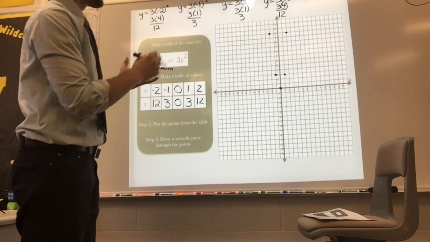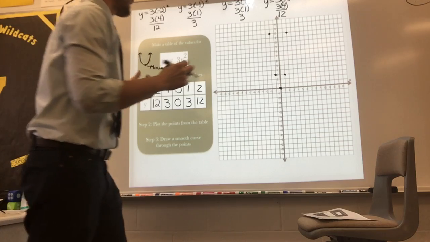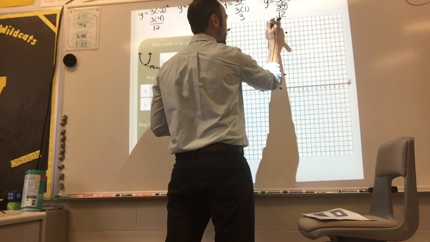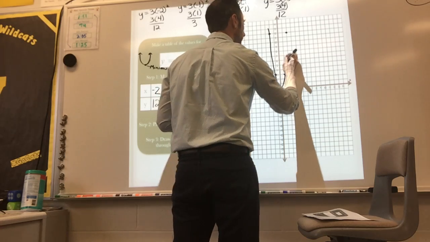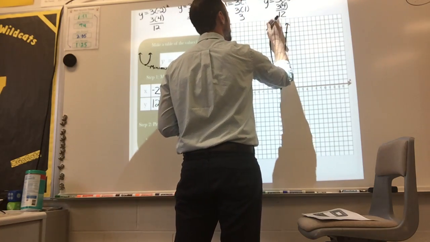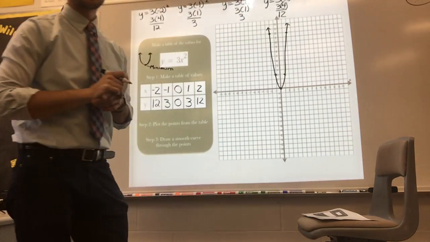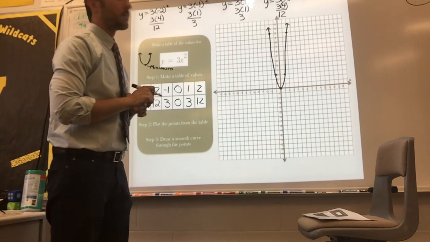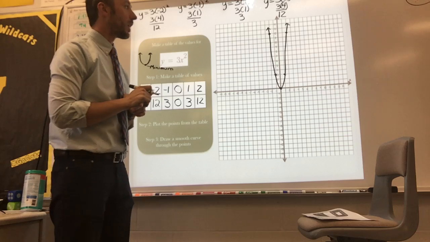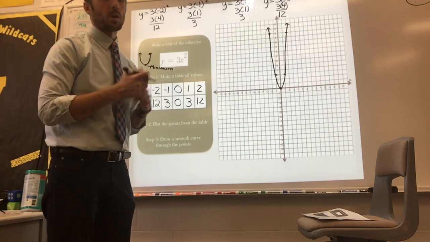When we draw this, we want to make it very smooth and make it curve down here. So I'm going to go through all my points and make a parabola, and you put arrows on the ends, and you just learned how to graph your very first quadratic function, your very first parabola. If you need help, rewind it, look at the notes, and watch it again.